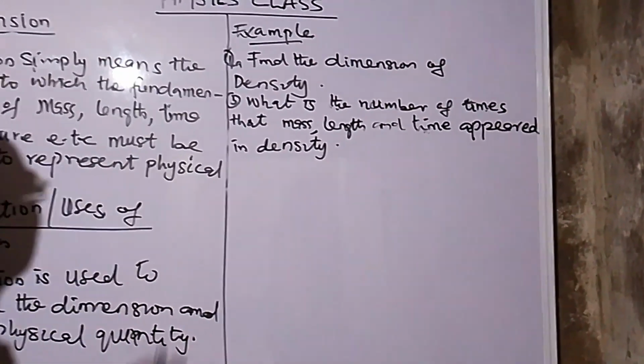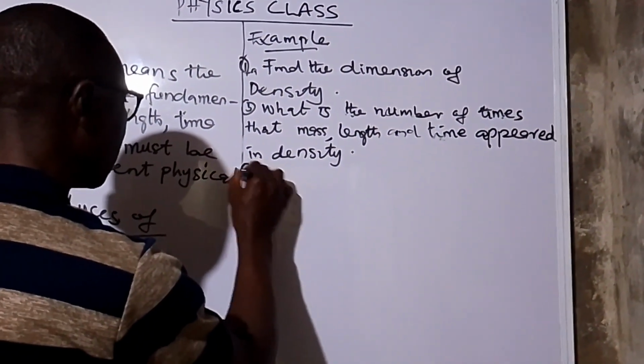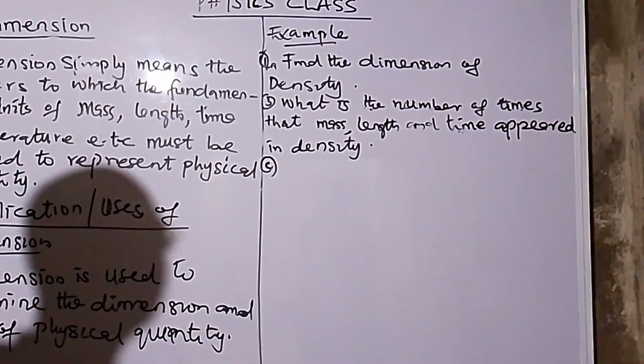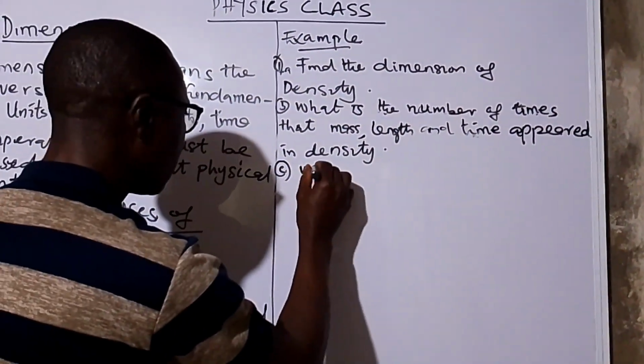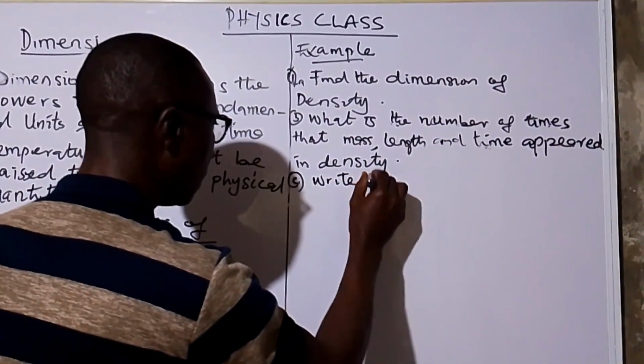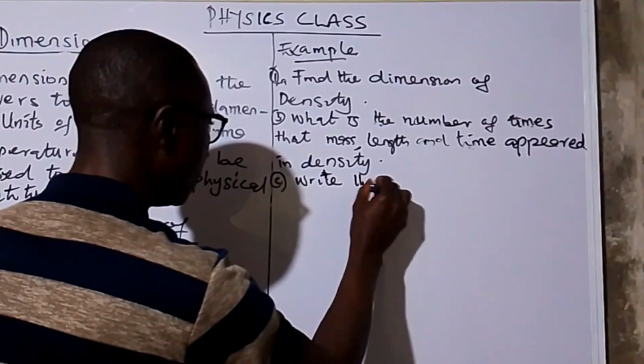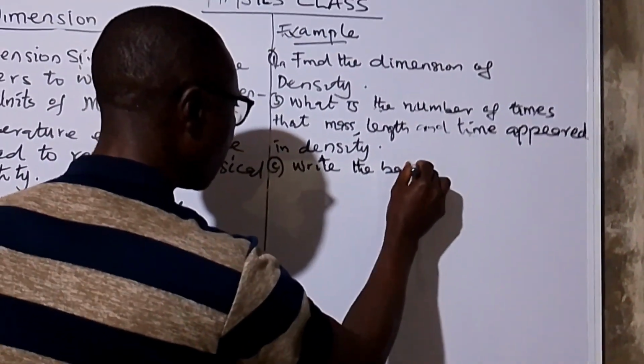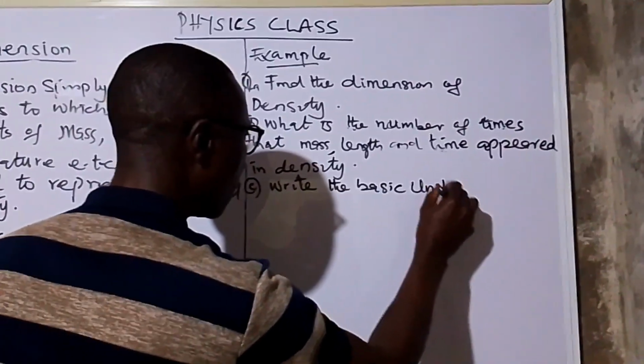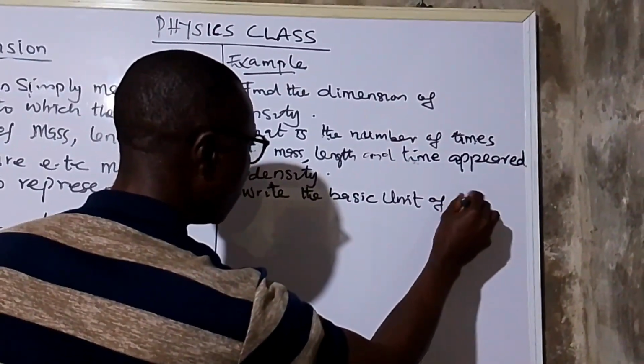Let's add one more question to make it C. And the question C is: write the basic unit of density.